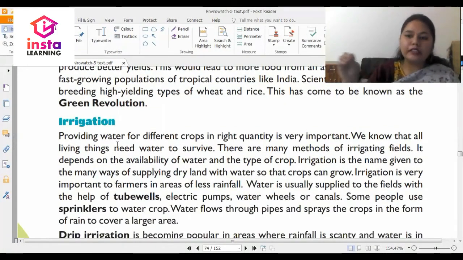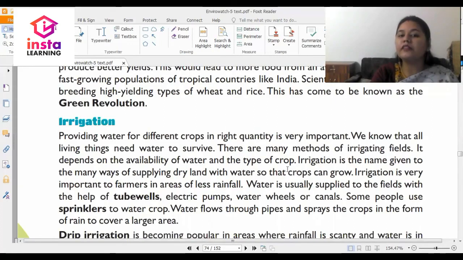Then you have irrigation. Once you have planted the seeds, you need proper water to be given to those seeds. Providing water for different crops in the right quantity is very important. We know that all living things need water to survive. There are many methods of irrigating fields. It depends on the availability of water and the type of crop.